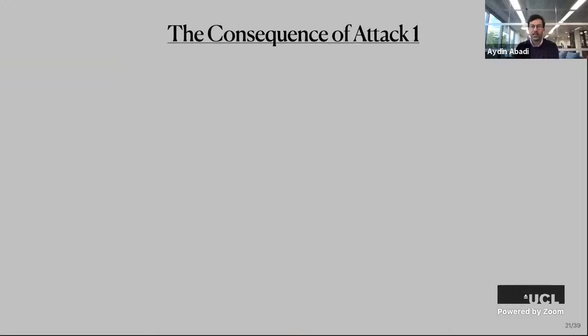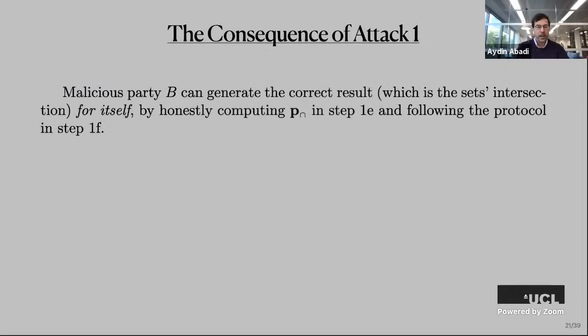So what is the consequence of attack 1? As a result of this attack, the malicious party, in our example party B, can generate the correct result for itself. If it follows the protocol honestly for itself, it can find the correct result. It doesn't need to send the correct result to the honest party, but if it follows our attack, it can fool the victim.